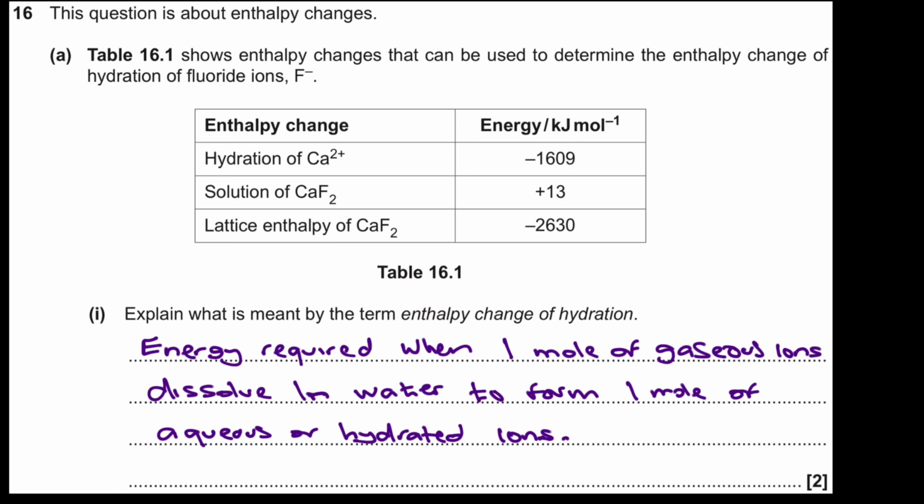You must mention 1 mole of gaseous ions dissolving in water to form 1 mole of aqueous or hydrated ions. Then you get 2 marks because this is a 2-mark question.